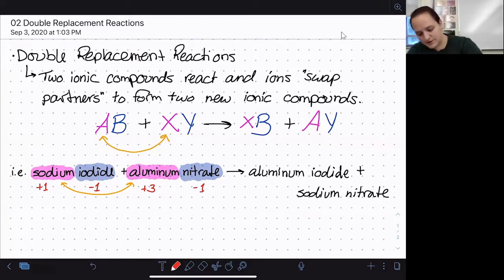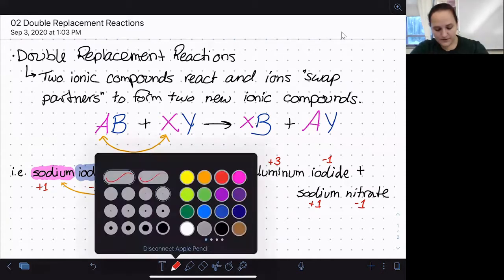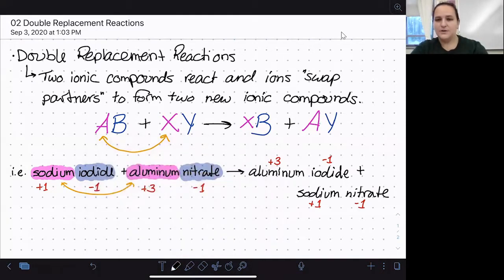And then all of those charges stay the same in our products. So aluminum is still +3, iodide is still -1, sodium is still +1, nitrate is still -1. So we need to think about these charges when we write formulas. And I find that when you get into reactions, this tends to be overlooked, which is why I like to think about it in names first, even if you don't necessarily write it out. Think about how things are going to be paired and then work on the formulas after.